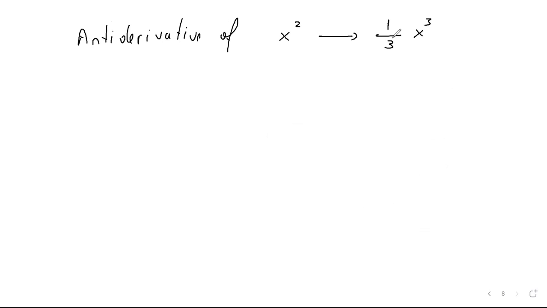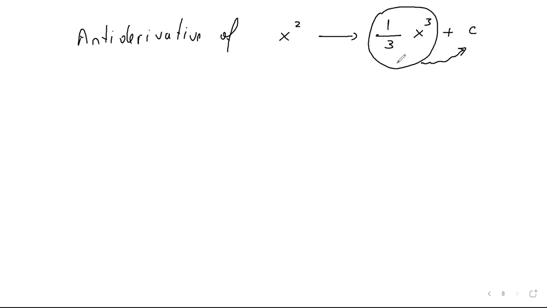But we said that that's not the only function whose derivative is x squared. If you add a constant here, and people like to add this constant for reasons that I'll explain a little later, it has to do with physics, initial velocity or differential equations, where it's important to find an initial value. So if you add this constant, you will still get a function whose derivative is x squared. And this format, 1/3 x cubed plus a constant, is called the most general antiderivative of a function.